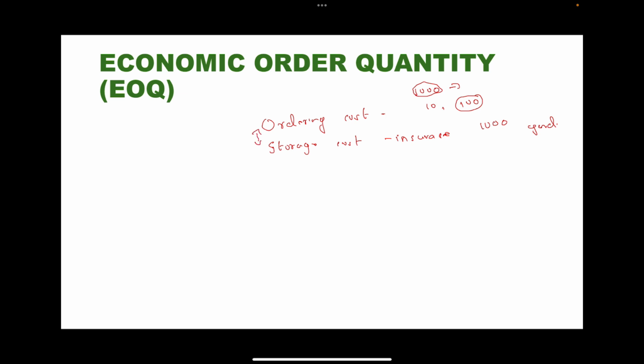The sum of these two costs is the most important in inventory control. You need to find a balance, and this balanced amount, the optimum quantity that needs to be ordered, is called the economic order quantity.